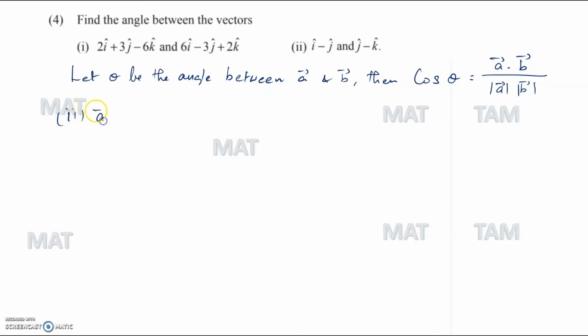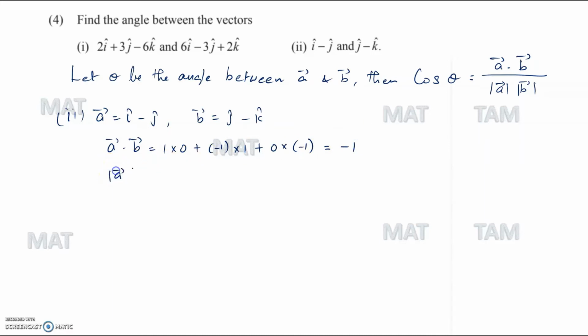So in the second one, vector A is equal to i cap minus j cap, and vector B is equal to j cap minus k cap. So our A dot product with B is equal to 1 times 0 plus minus 1 times 1 plus 0 into minus 1, which is equal to minus 1.